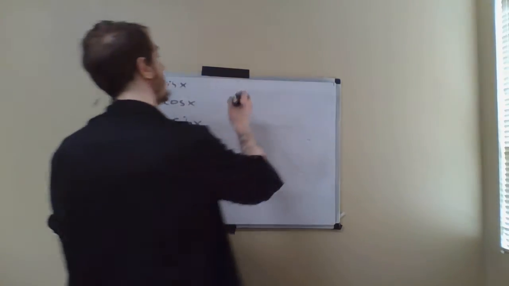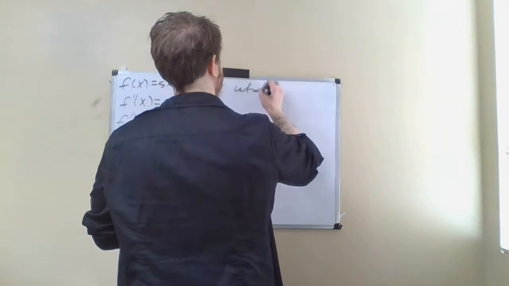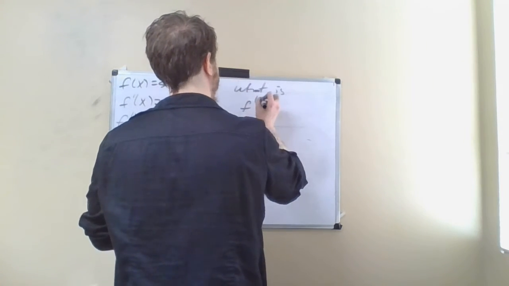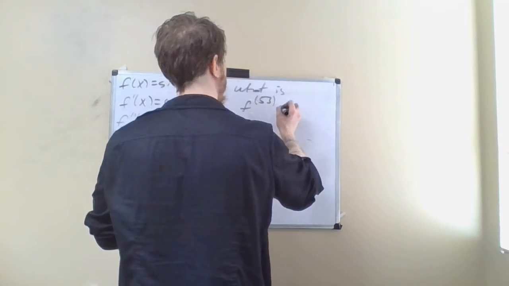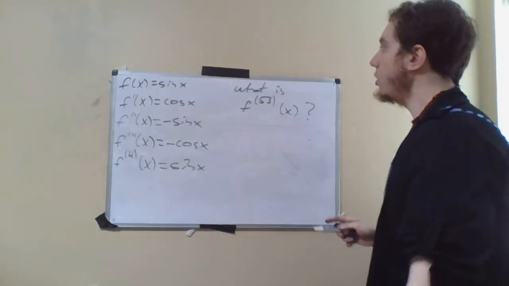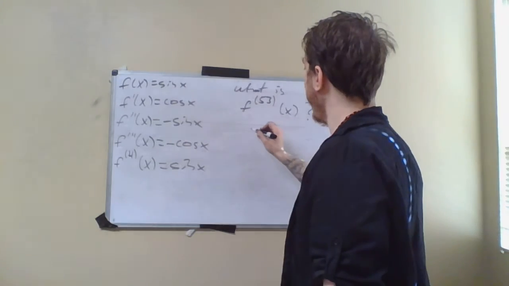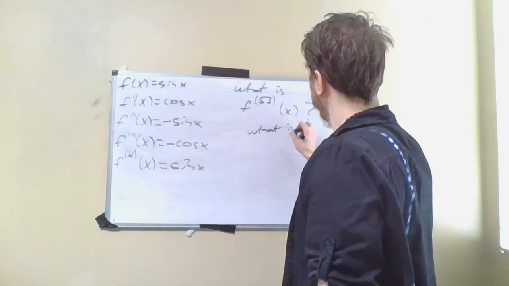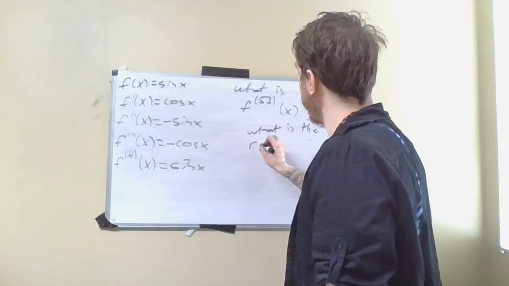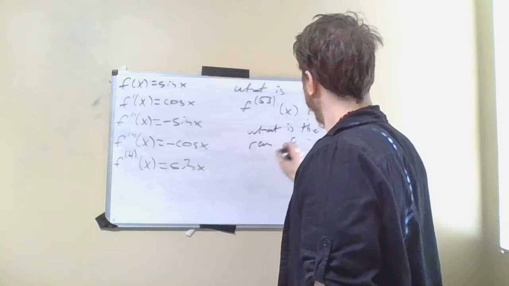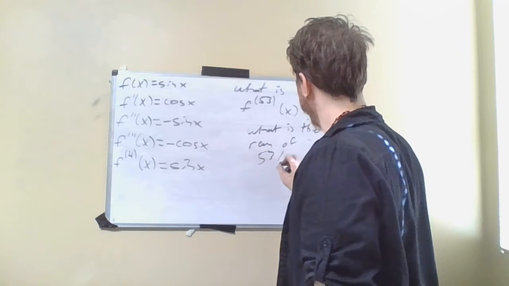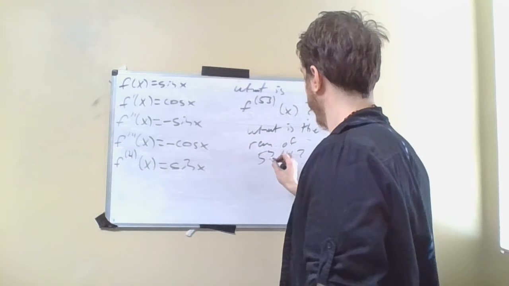For example, let's suppose that I wanted to find f of 53 of x, in other words, the 53rd derivative. Well, all I have to do is ask, what is the remainder of 53 divided by 4?